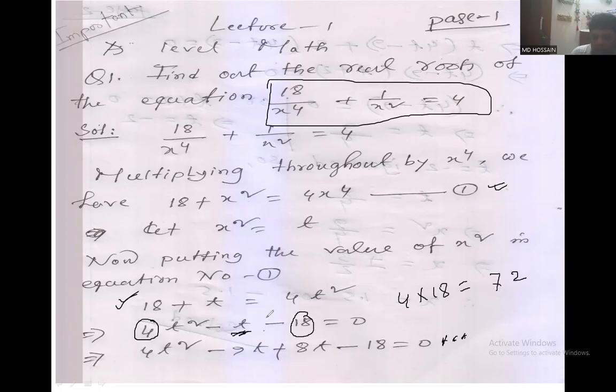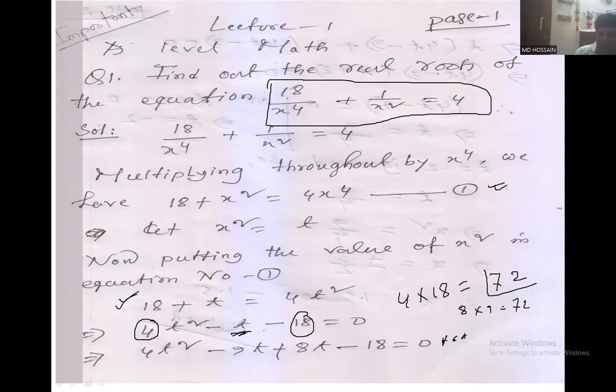Now we can find here 8 into 9 equal to 72. And if you take the difference of 8 and 9, then you will get this one.